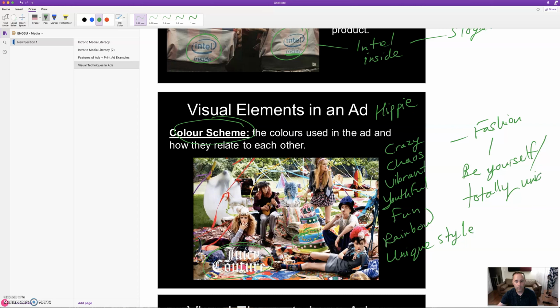And our clothing line is kind of bohemian, bright, colorful, and it's somewhat chaotic and somewhat lively and energetic. So that's what they're trying to say about their brand.